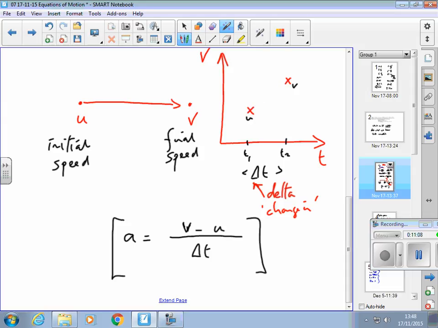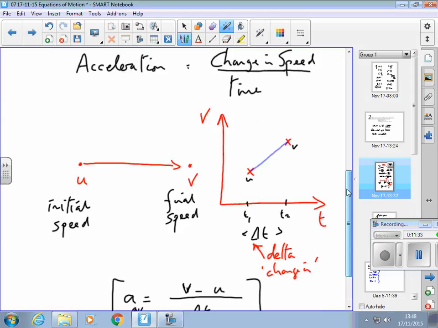Yes, this is an average acceleration. Often in problems, though, we consider it maybe it's changing smoothly between there and there. So in many problems, this would be a straight line between there and there, but it doesn't have to be. So we've got a formula for the average acceleration.